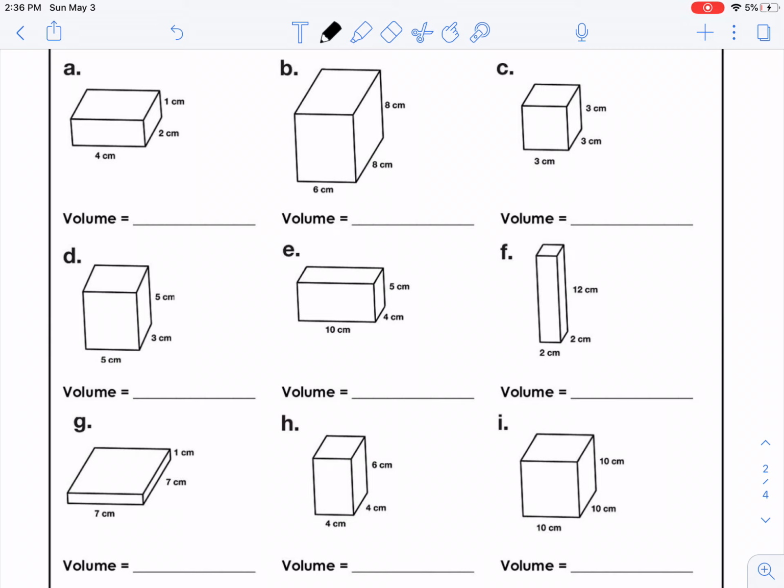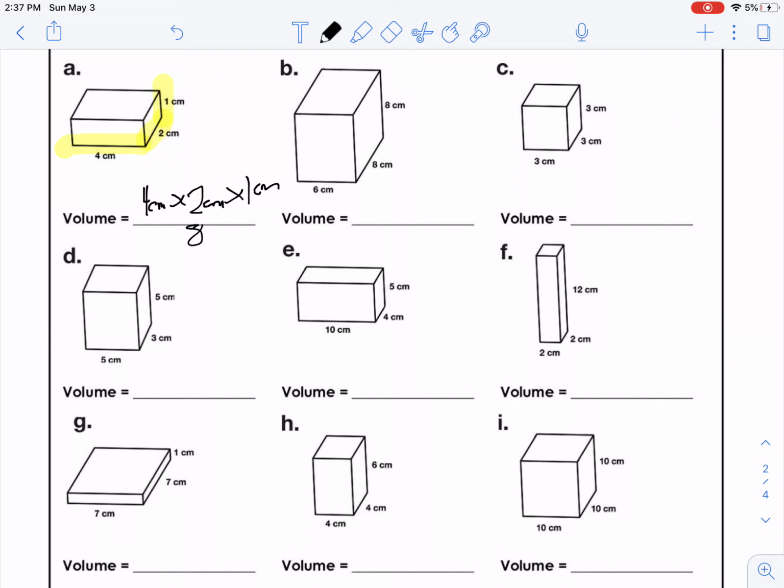Okay, so checking our answers here, we have length. Okay, so our length is 4 centimeters times the width, which is 2 centimeters, times our height, which is 1 centimeter. 4 times 2 is 8, times 1 is 8.